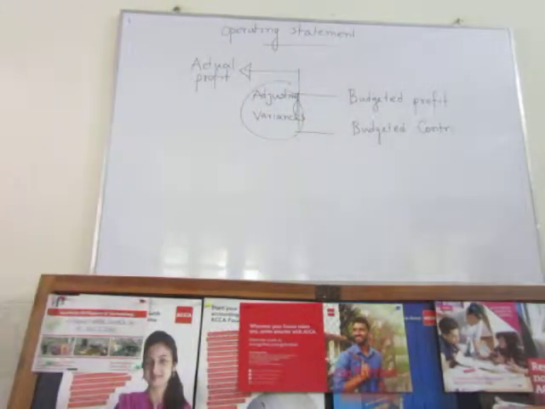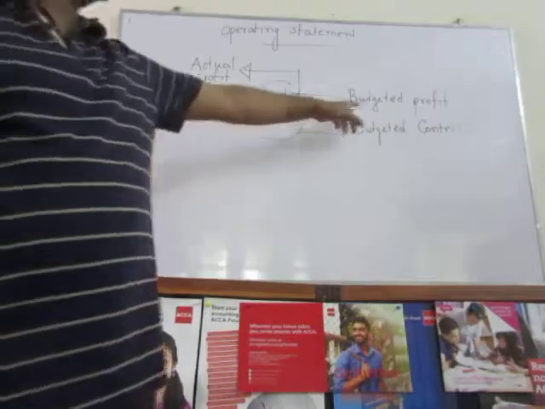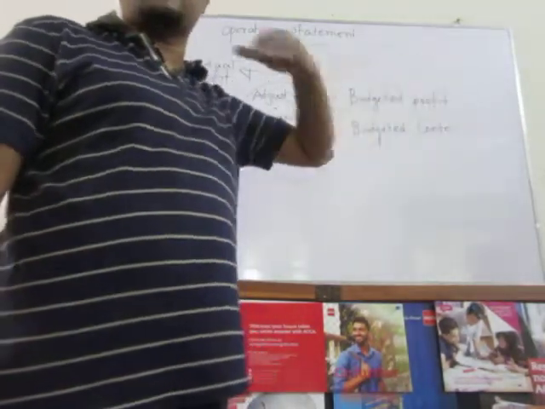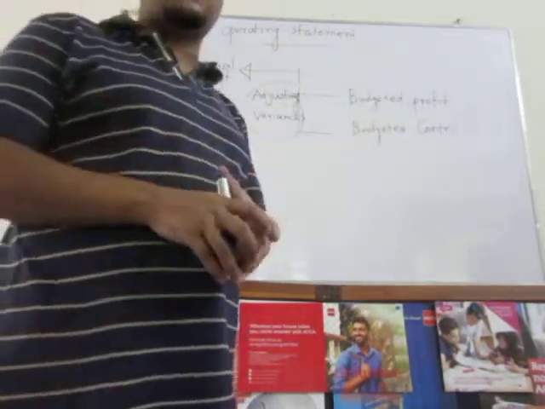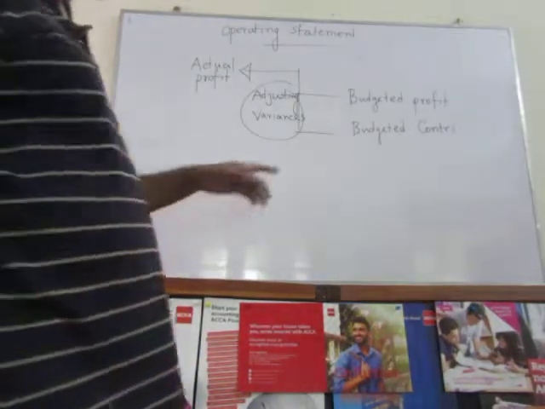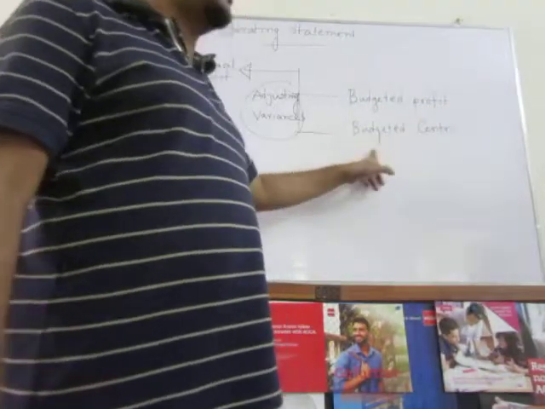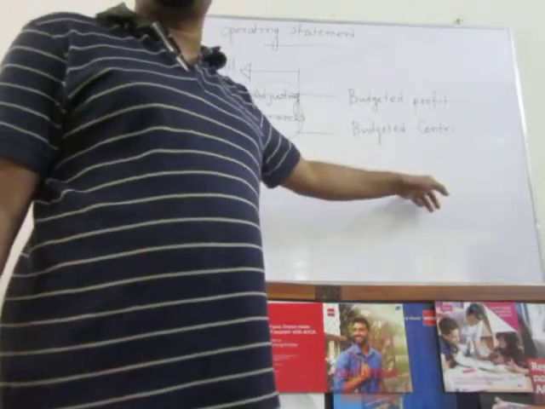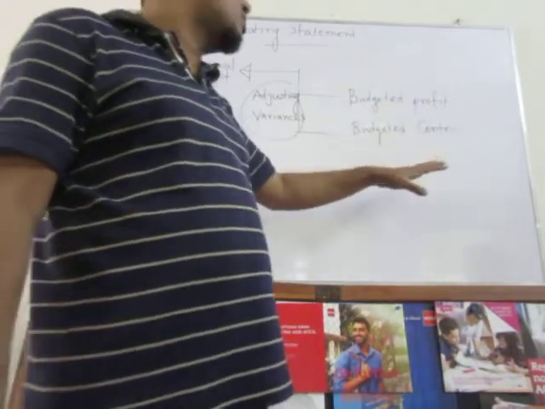The fact is, you guys will be provided budgeted profit. You have budgeted profit because budget actually is prepared earlier, then actual things happen. Budgeted profit, and it may be budgeted contribution, budgeted profit, or maybe budgeted contribution.